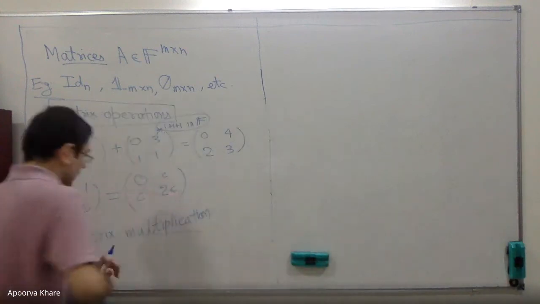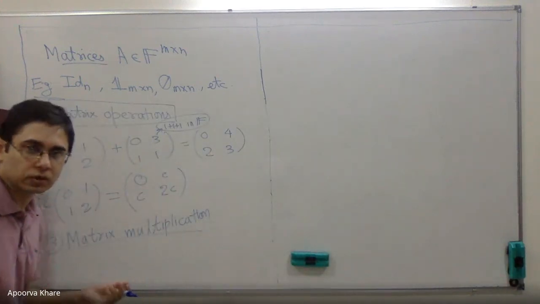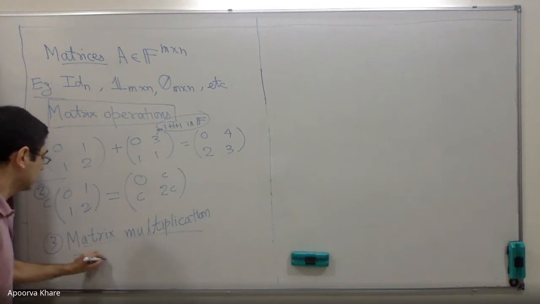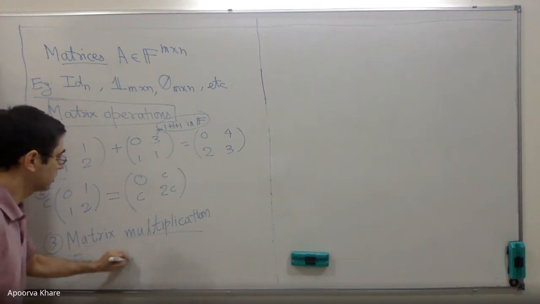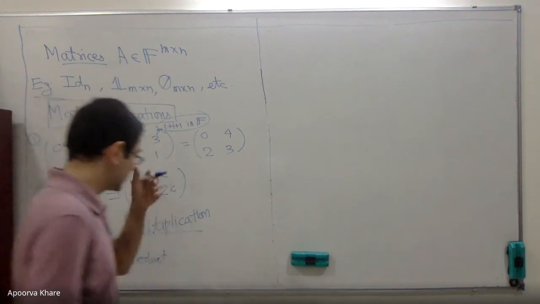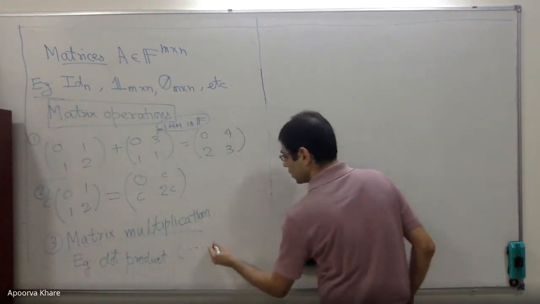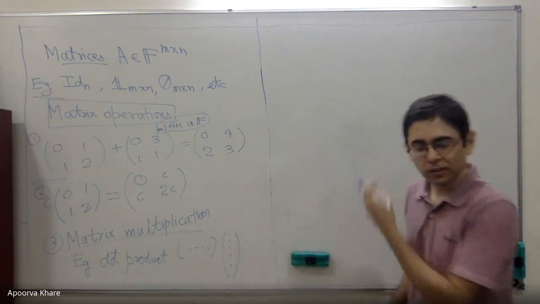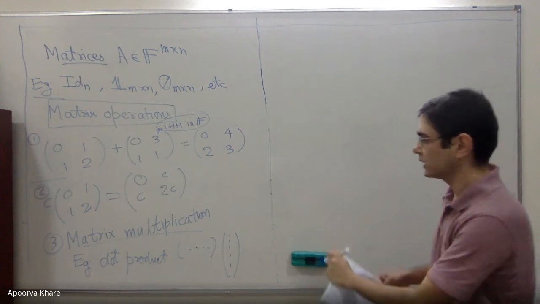The simplest case is called an inner product or a dot product, which is basically a row times a column. I don't remember if I said that at the end of my previous lecture, but anyway.